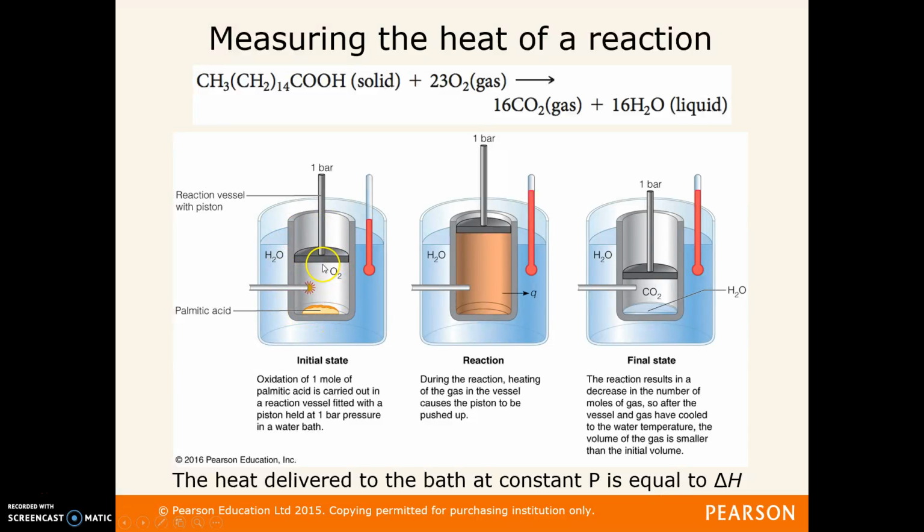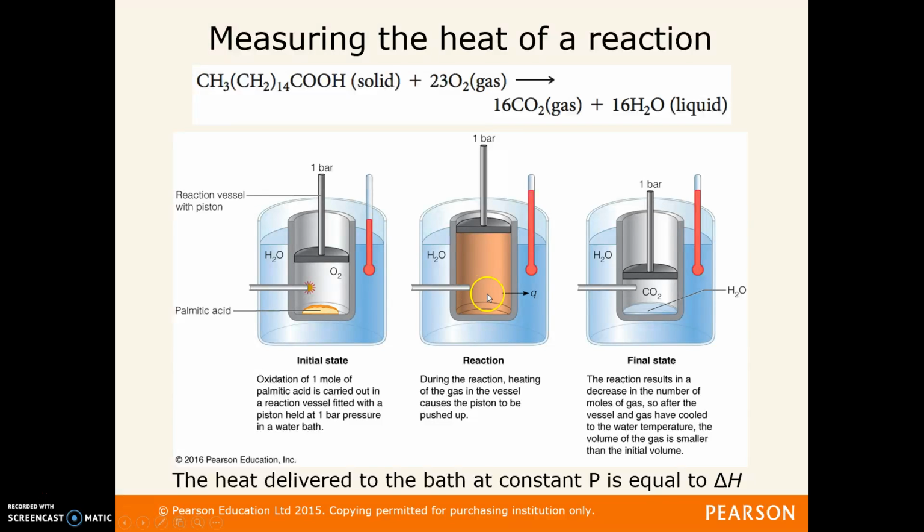this reaction chamber. Surrounding this, we have a jacket of water, and in that jacket of water, we have a thermometer. Okay, so what happens is we spark it, this stuff starts to burn, and as CO2 is formed, it's going to expand this chamber, and some of that is going to produce a lot of heat.